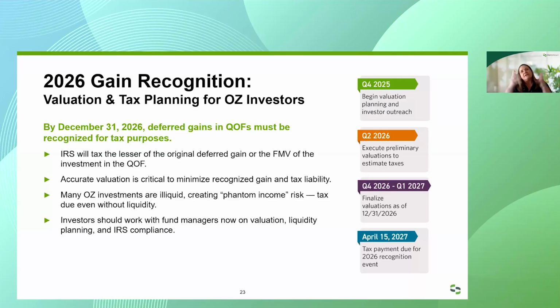Now, most people are thinking, okay, I deferred $1 million. I might owe tax on $1 million. Maybe I got the benefit of some step-ups. Maybe I only owe tax on $900,000 or $850,000. But there actually is some good news. The IRS is allowing taxpayers to recognize their gain on the lesser of the original deferred gain or the fair market value of their investment in the fund.